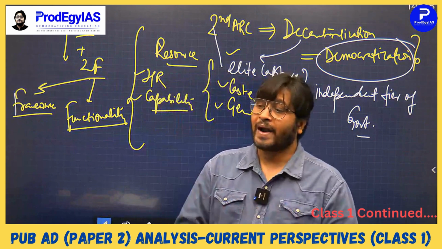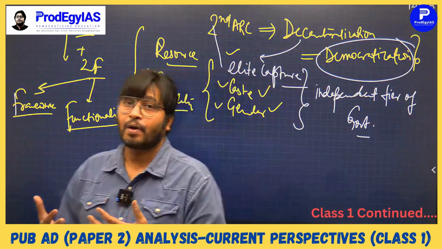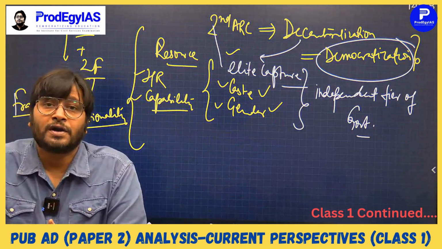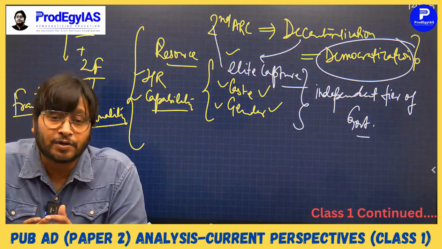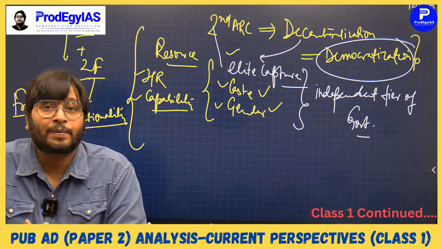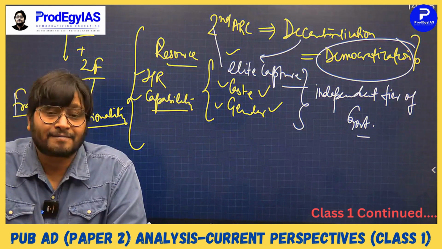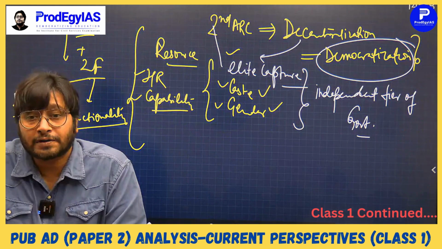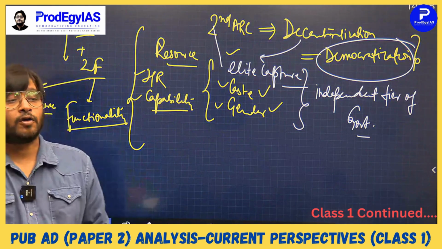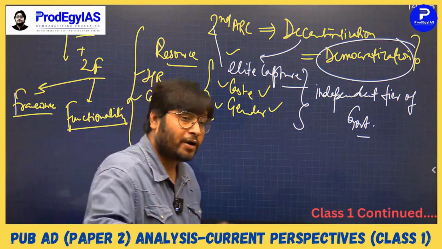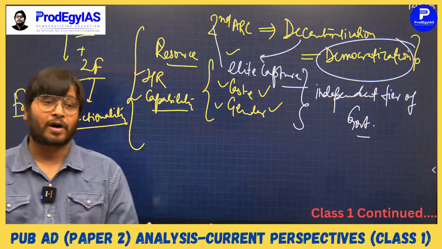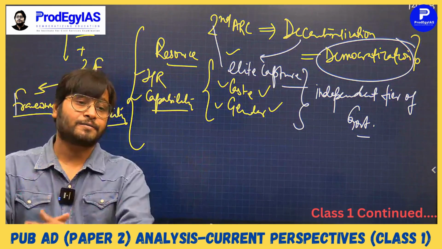Provide a comprehensive understanding of the changing role of bureaucracy or changing role of administration in the context of contemporary democracy in India. How do you view the role of bureaucracy under coalition politics? How do you view the role of bureaucracy under one-party dominance? Right? How do you interpret the changing nature of democratic politics in India?